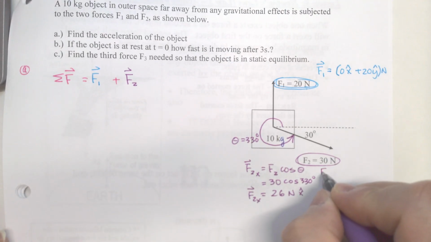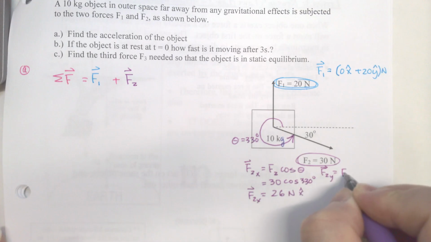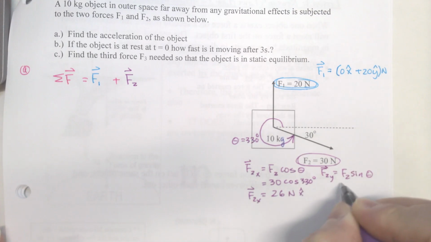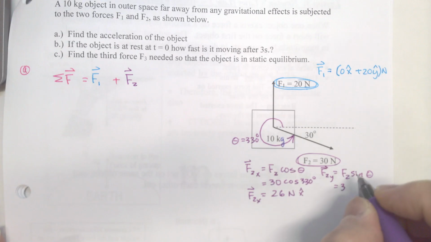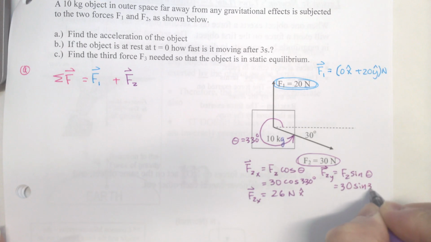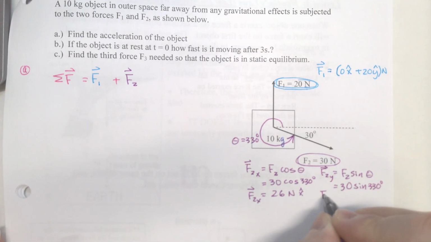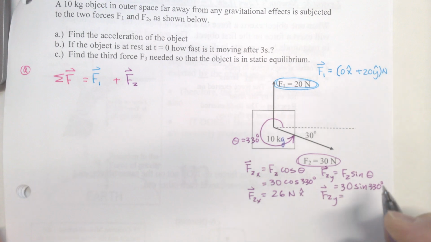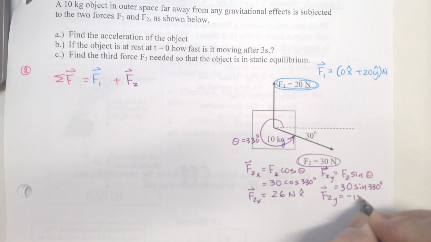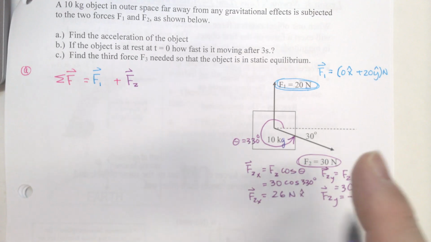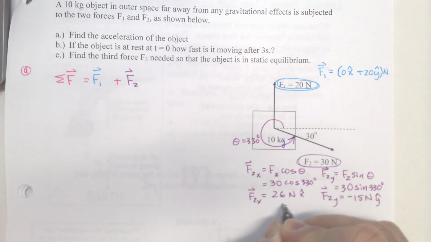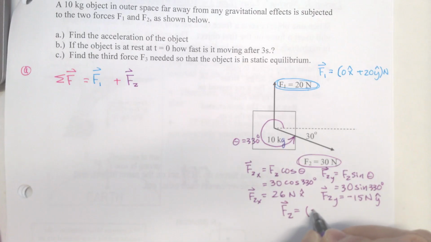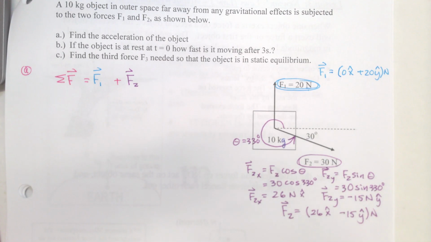And my F2y is equal to F2 times sine of theta, which is 30 times sine of 330, so my F2y is simply negative 15 newtons y hat. So I can represent my F2 in Cartesian form as 26 x hat minus 15 y hat newtons.